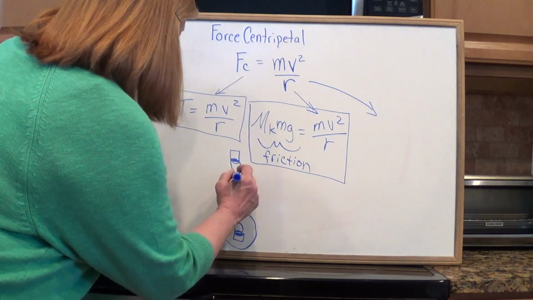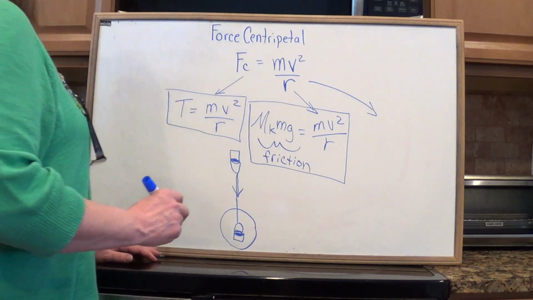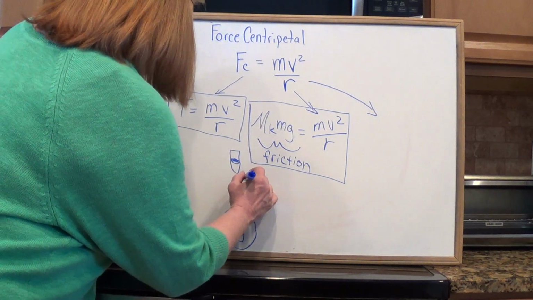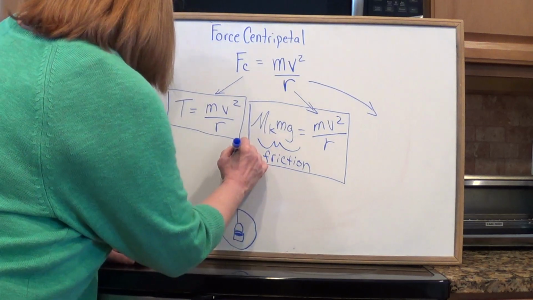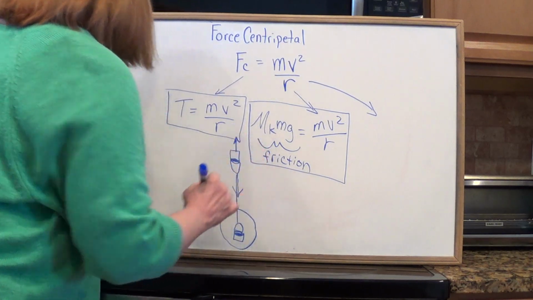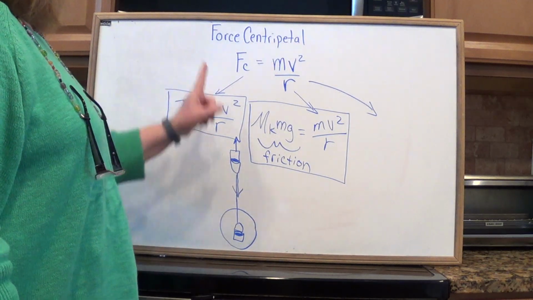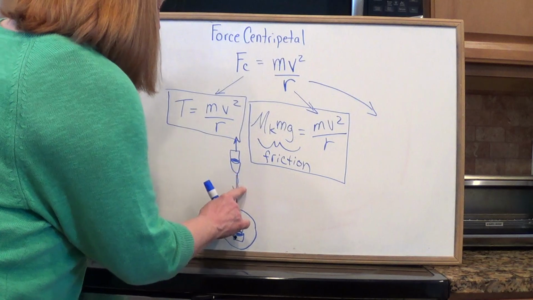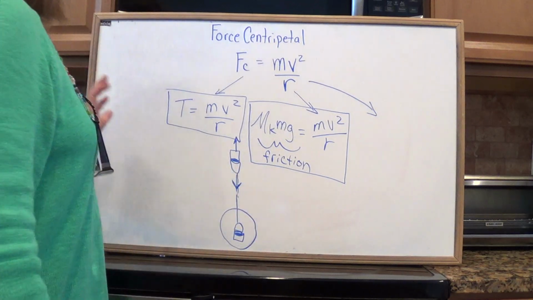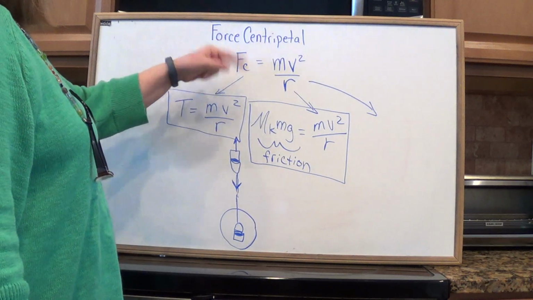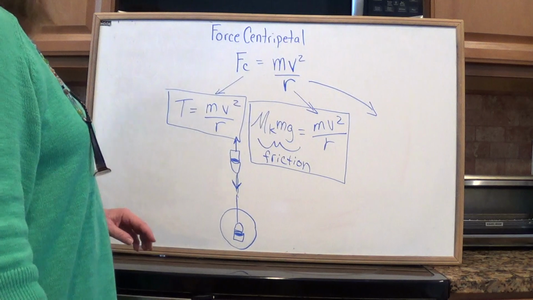Force centripetal, which is this way, is mv squared over r, and then there's another force that's countering that. Otherwise the milk would fall either this way or that way, and these are totally balanced. So let me make these vectors look about the same size. Force normal this way, and mv squared over r that way, force centripetal.